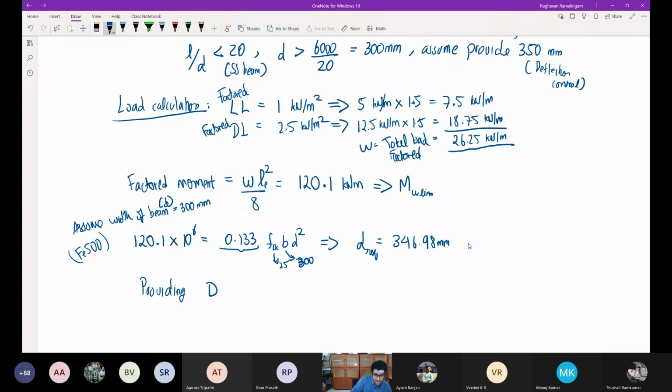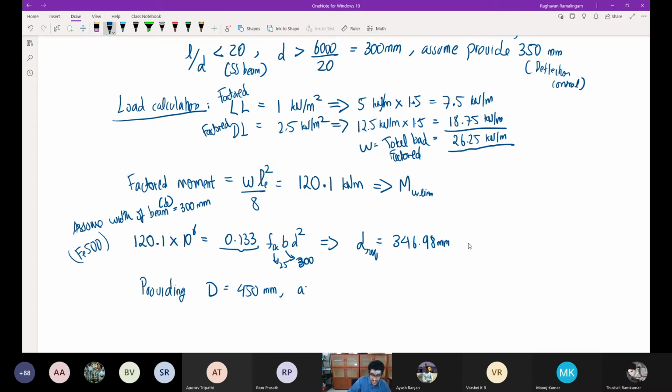Providing the overall depth as, required is 346, let me say 450 overall depth. It's much safer. It's actually pretty safe giving this much higher, but it's good practice unless you have some restriction on the depth. If you have a restriction on the depth, then obviously you're going to go for a doubly reinforced beam.